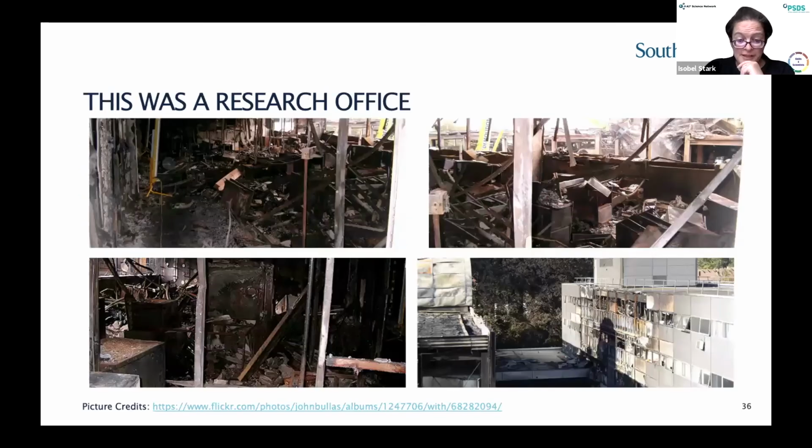So for those of you who aren't at Southampton, you may not have seen these photographs before. This is from the fire that led to the largest insurance claim in UK higher education history.